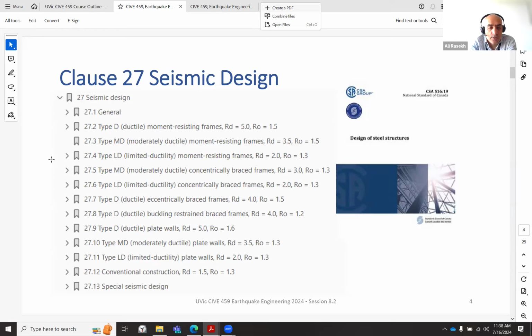For plate walls, it goes as high as 5 multiplied by 1.6. So you can basically reduce your forces 8 times, which is a huge number, and take advantage of a good design to design for lower forces.